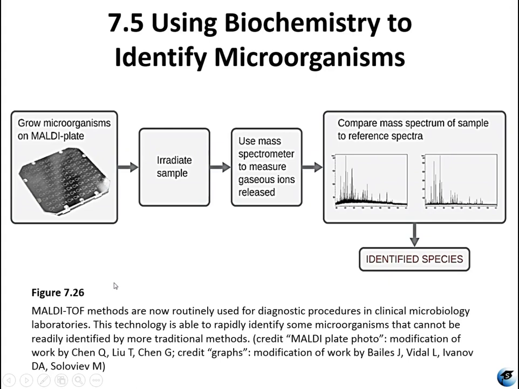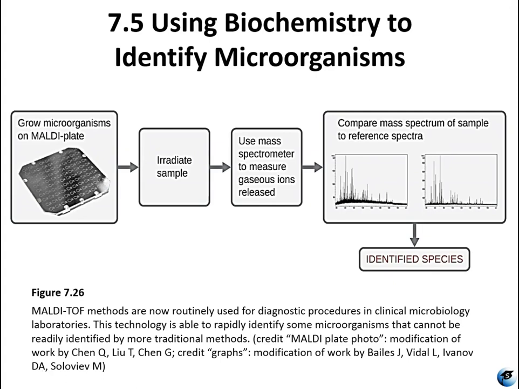It's able to rapidly identify some microorganisms that can't be identified using more traditional methods. More traditional methods would be things like gram staining and testing for the presence of certain enzymes. We're going to dive into that quite a bit in the lab.